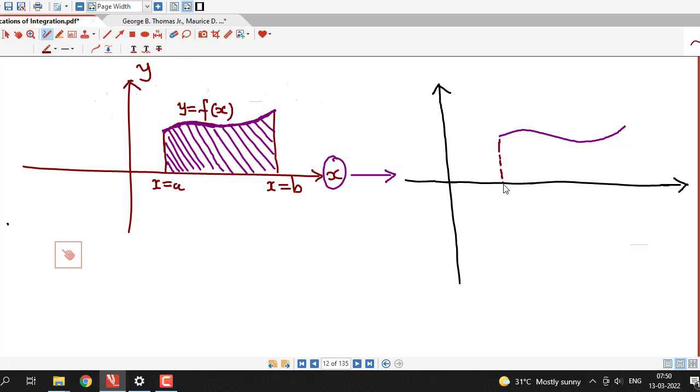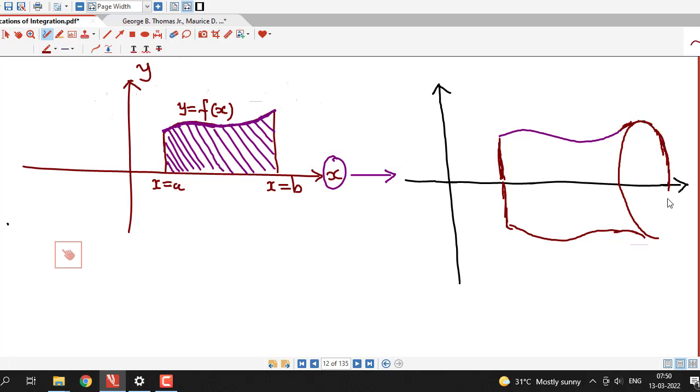Because we are taking mirror image, we must have this type of shape.